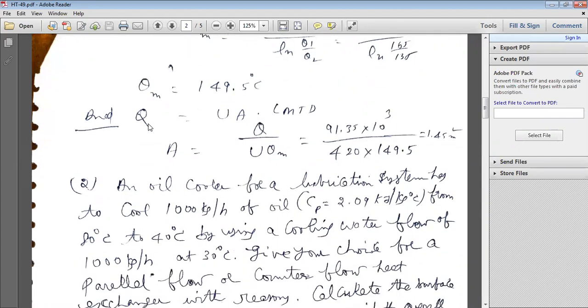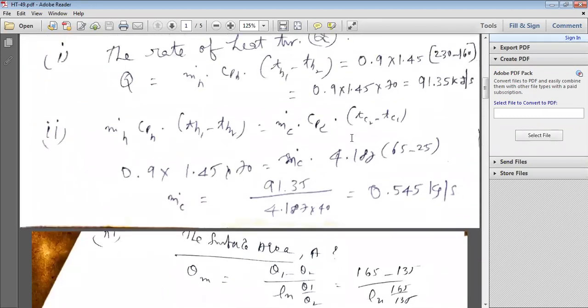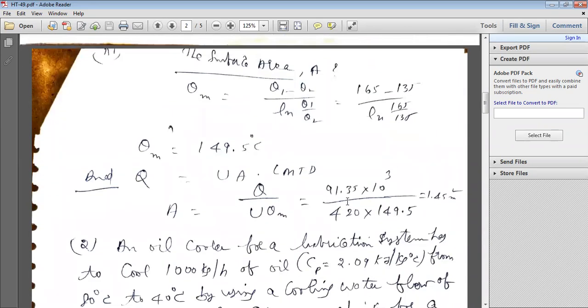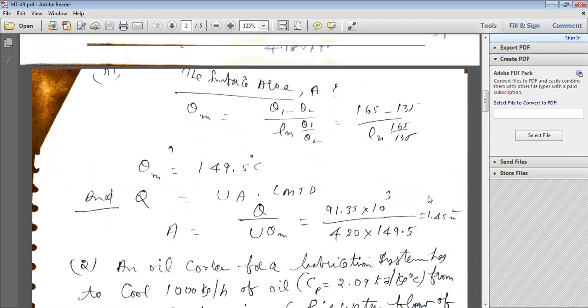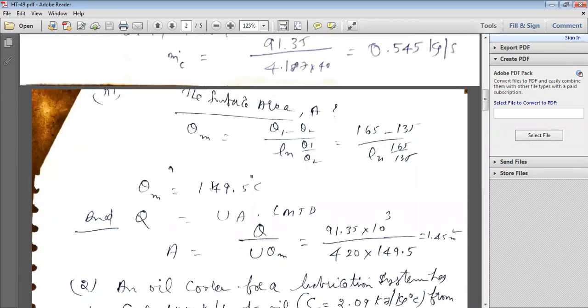Then from this relation, how do we calculate the area? Overall Q is equal to UA into LMTD. From this, the surface area is equal to Q by U into LMTD, or theta mean. What is the Q value here? 91.35 kilojoules, and you have to convert it to joules, that is 91.35 into 10 cube, or 1000 joules, divided by the overall heat transfer coefficient, given as 420 watts per meter square Kelvin, 420 into theta mean 149.5.